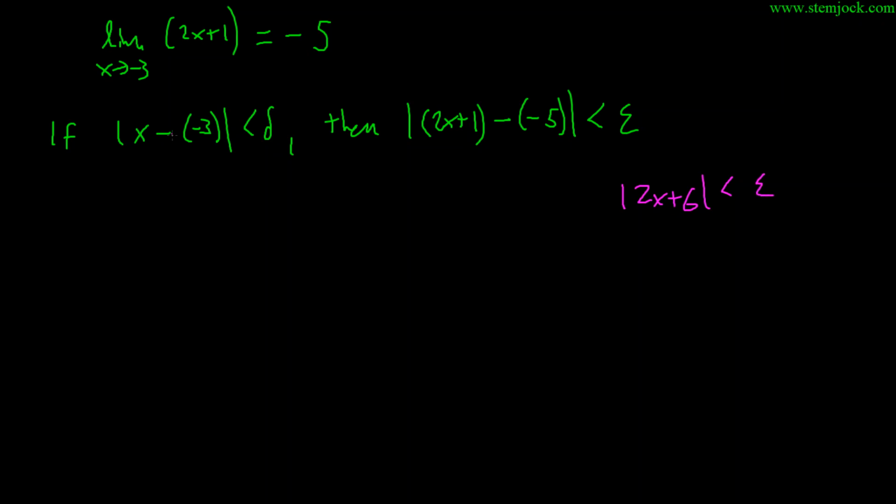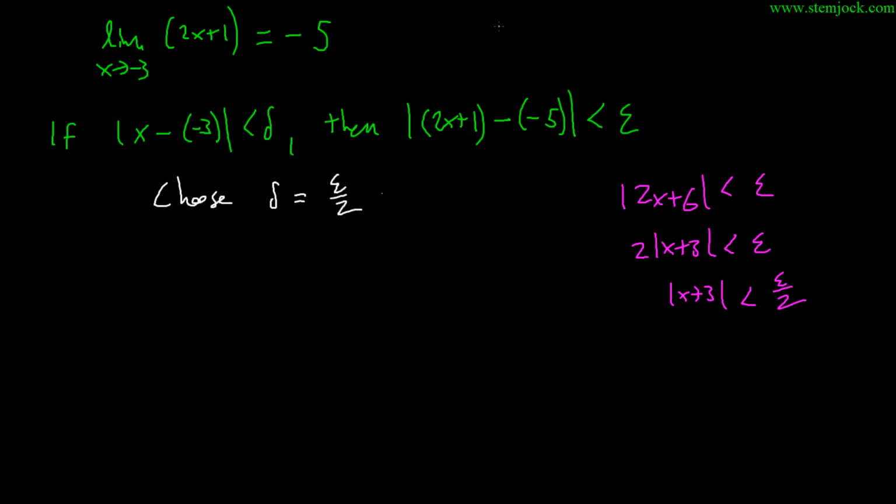The goal is to make this look like the antecedent, so this is going to be x plus 3. I can get x plus 3 by factoring a 2. So this is 2 times absolute value of x plus 3 less than epsilon. Now if I divide both sides by 2, I get absolute value of x plus 3 less than epsilon over 2. So I am going to choose delta equal to epsilon over 2.